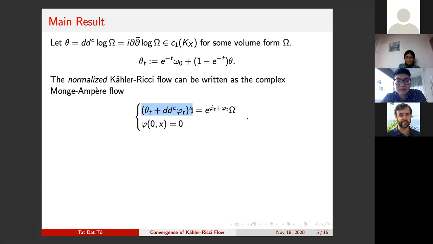In the smooth case the left-hand side is a volume form and the right-hand side is a volume form as well, so it is verified when you take the quotient of the two volume forms for the density. When t equals 0, theta_t is exactly omega_0, so the potential phi_t should be 0 at the beginning. The solution of the Ricci flow is exactly theta_t plus ddc of phi_t, which is omega_t, the metric along the Kähler-Ricci flow.